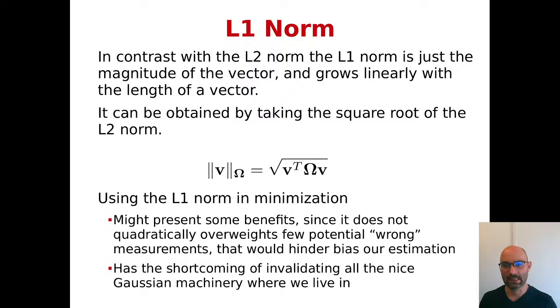Now, in the next episode, we will see how to deal with a strategy which is called consensus. But now, let's try to embed something in the least square machinery that will make us lessen the importance of these wrong correspondences.